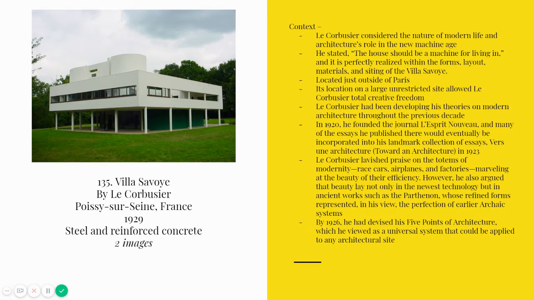He just really marveled at the beauty of their construction, their efficiency, their output, the way that to him was the foundation of innovation, and that was what was really exciting to him. By 1926, he devised 5 points of architecture, which he viewed as a universal system that could be applied to any architectural site.